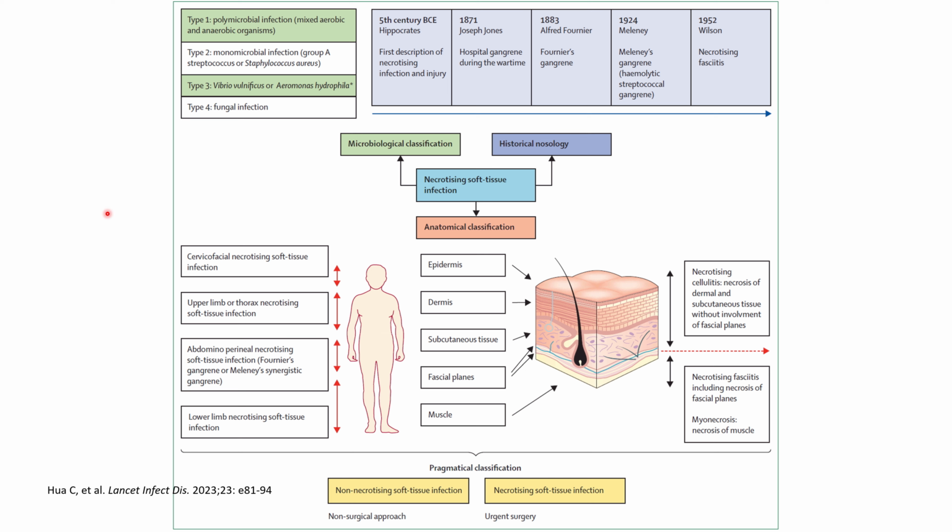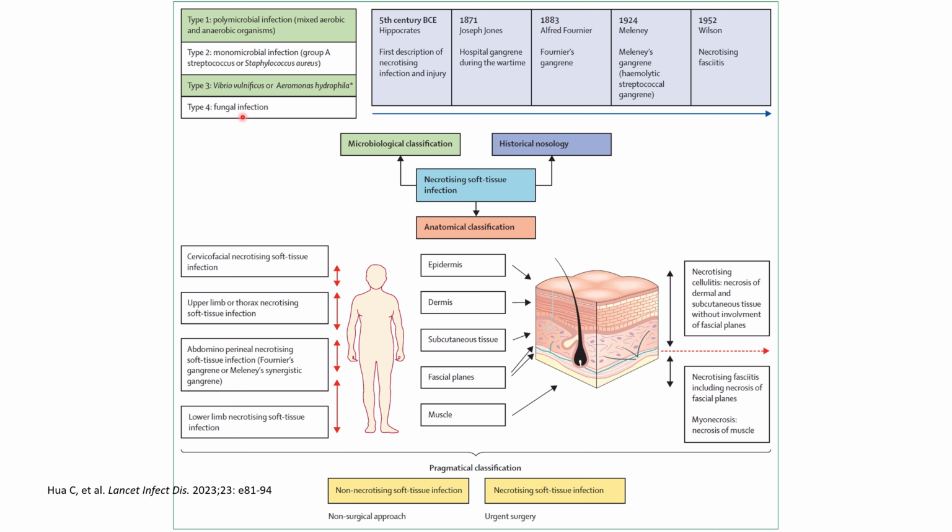But essentially, as of 2023, a proposed classification is that type 1 is polymicrobial infection. Type 2 necrotizing infections are monomicrobial, so typically group A strep or Staphylococcus aureus. Type 3 is reserved specifically for Vibrio vulnificus or Aeromonas hydrophila, and type 4 for fungal infections.